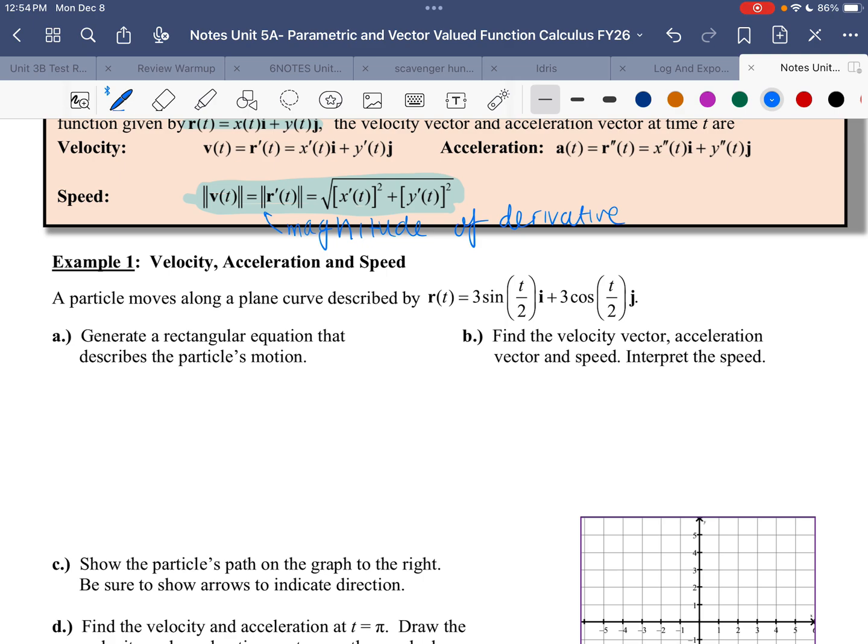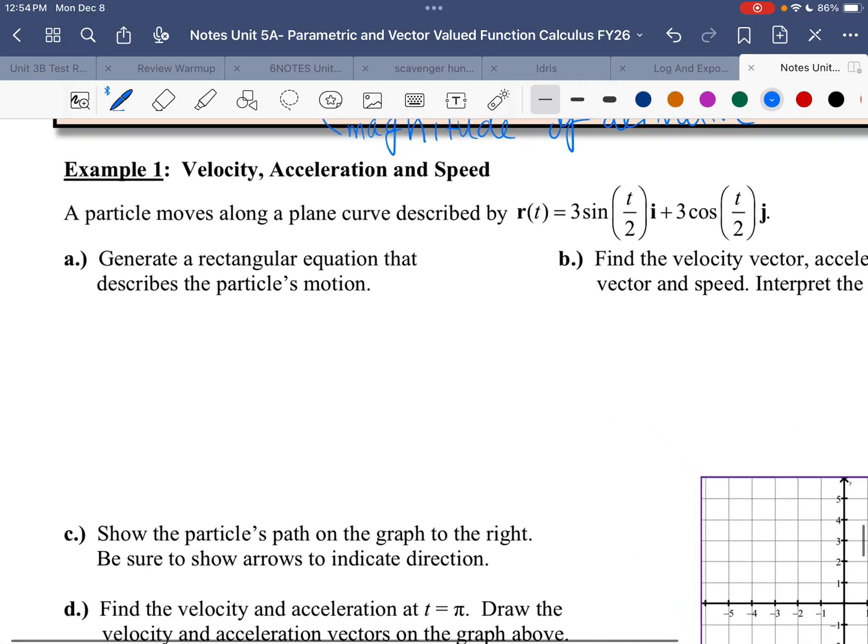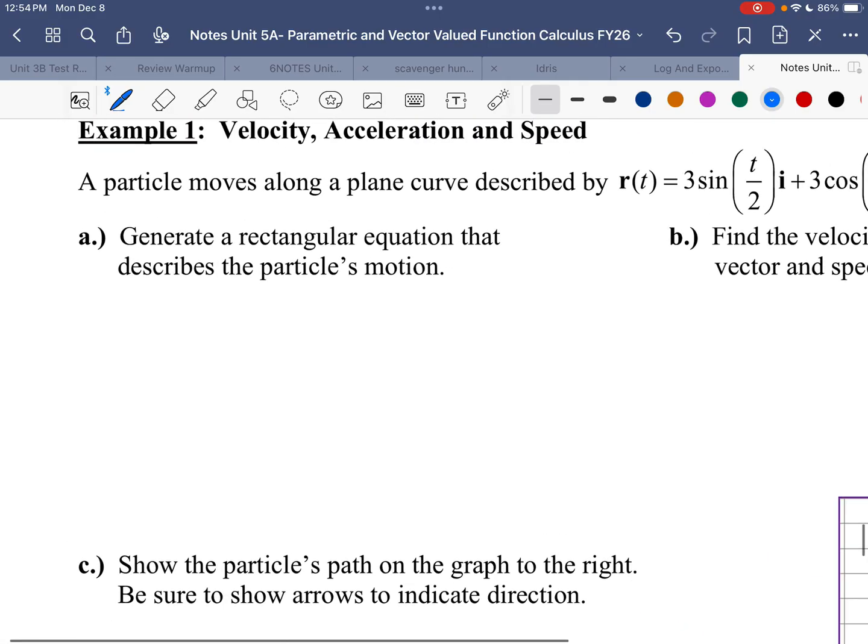So a particle moves along a path defined by r equals 3 sine t over 2, 3 cosine t over 2. So basically t is moving in ordered pairs. You have one variable, but it's really defining x and y.